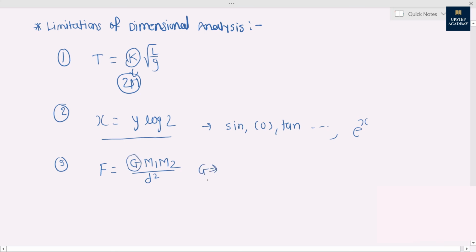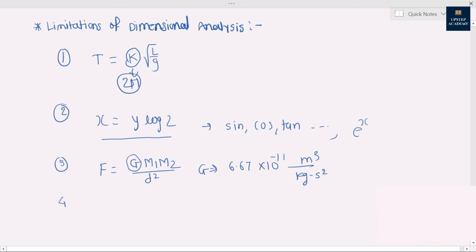G is actually a constant, which we call the universal gravitational constant, and which is not dimensionless. G is 6.67 into 10 raised to minus 11 meter cube per kg second raised to 2. It means it is not dimensionless. If such a constant which is not dimensionless is present in the mathematical equation, at that time we can't use dimensional analysis to find a relation between physical quantities, as well as we cannot use it to check its mathematical correctness. That is the third limitation of dimensional analysis.